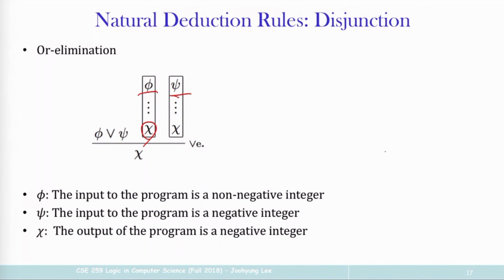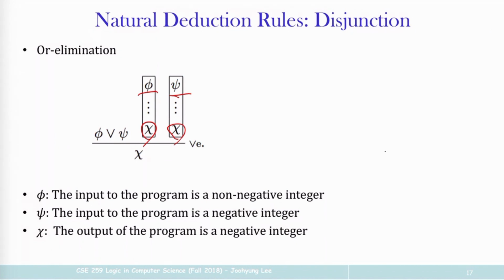And here, if the input was a negative integer, we still derive a negative integer as output. So no matter which case we are in, we always get a negative integer as output. Are we together? So it's like a case statement in a programming language.